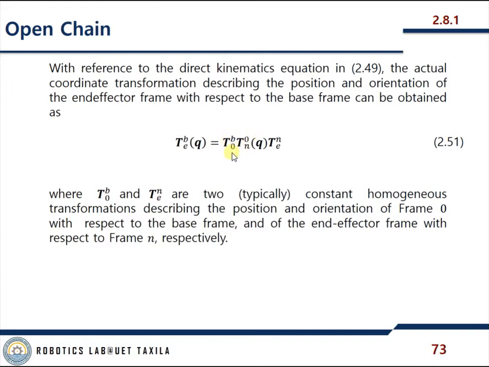From zero joint, because there is no length attached to it, we move to the nth frame, and then from the nth frame we move to the end effector, where TB0 and TNE are two typical constant homogeneous transformations describing the position and orientation of frame 0 with respect to the base frame, and of the end effector frame with respect to frame n, respectively. So T0B is quite constant. Sometimes we make this kind of notation where there is a base frame which is different from the zero frame.